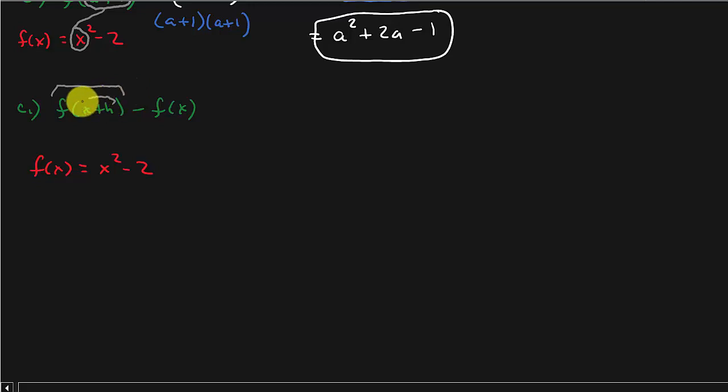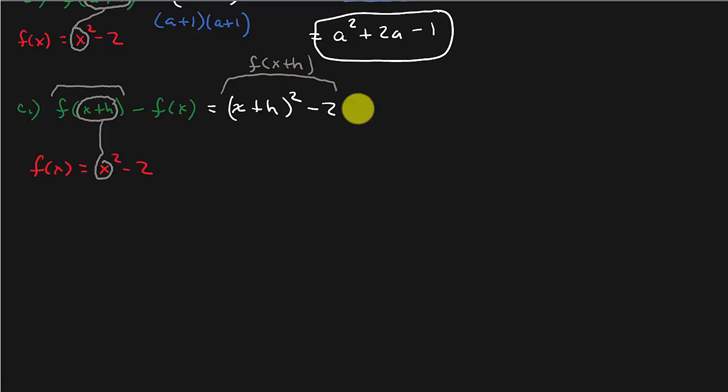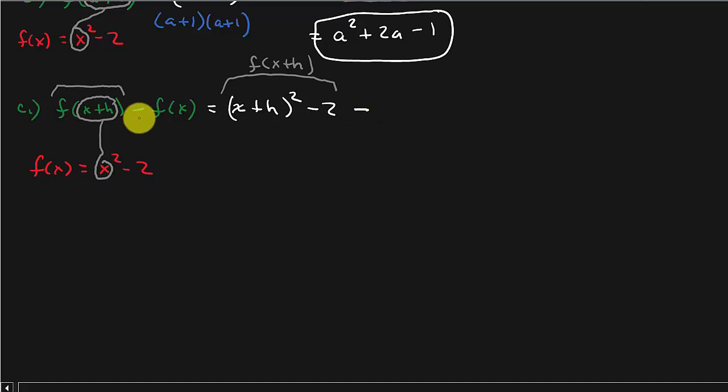So I'm going to take the x plus h, and I'm going to plug it in for x. And so that's going to give me x plus h, and then that's squared, and then minus 2. So that's this part. This is f of x plus h. And then I've got to do minus, see the minus, f of x.